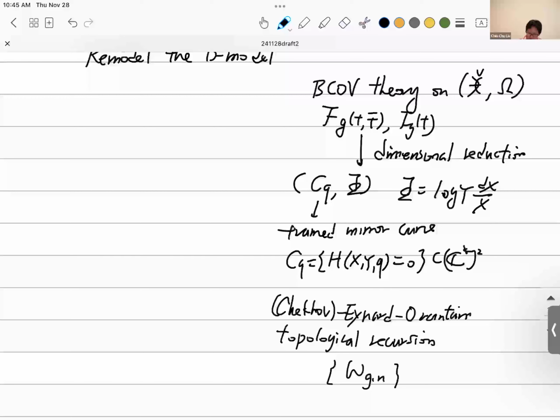This can be mathematically defined, and it's really just in terms of a one-dimensional complex variable, this affine curve in (C*)^2. So this is mathematically defined, and we have a sequence.